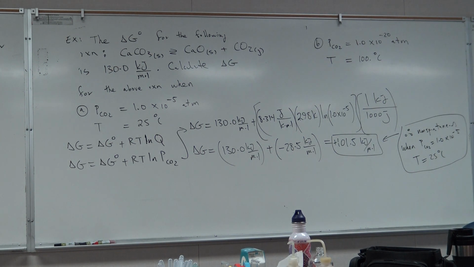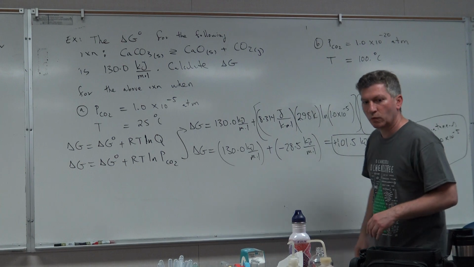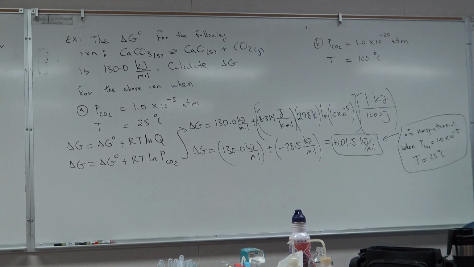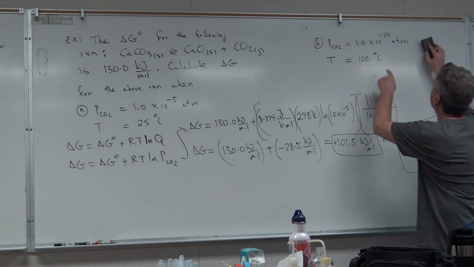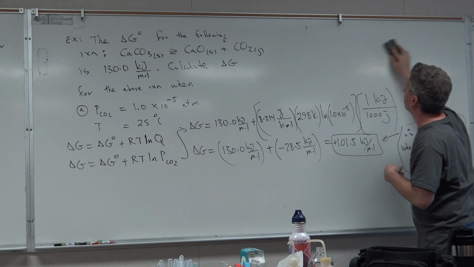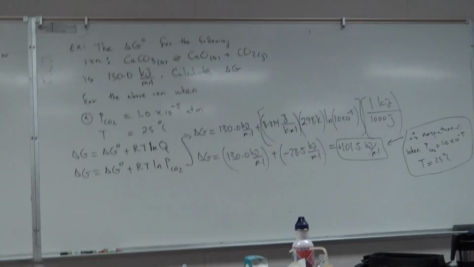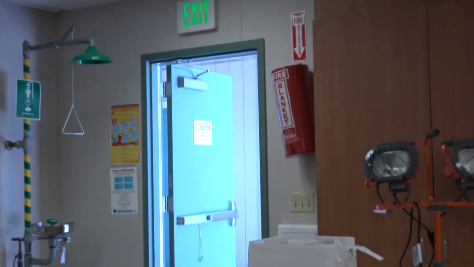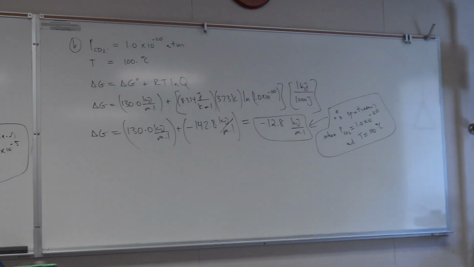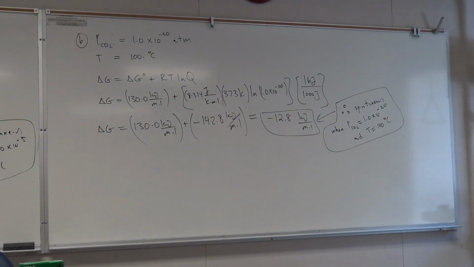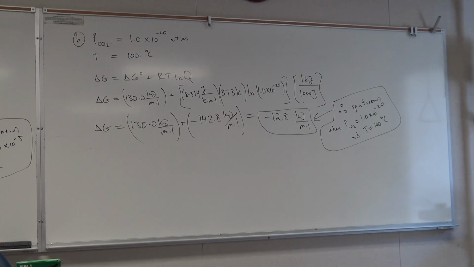Now, what if we wanted to figure out what the delta G is under these conditions, which I wrote on the other side. So for part B, now let's see, if we decrease the partial pressure of CO2 and increase the temperature, the reaction becomes spontaneous. So now I am decreasing the partial pressure of CO2 to 1 times 10 to the power minus 20 atm.